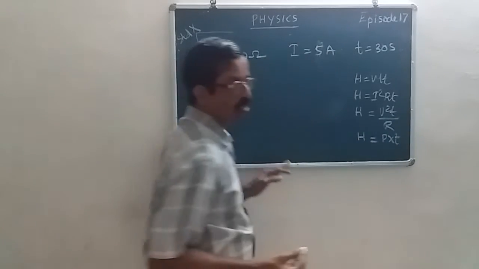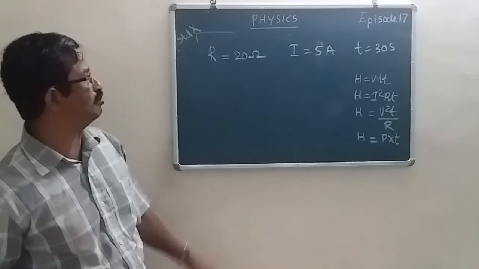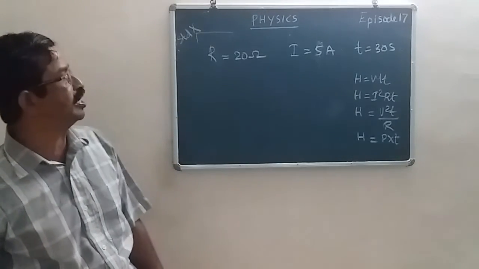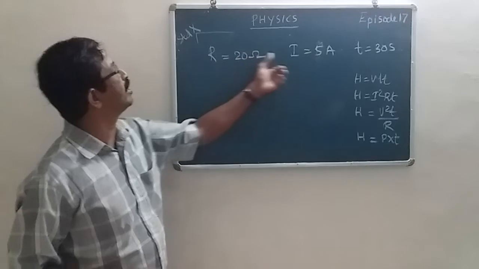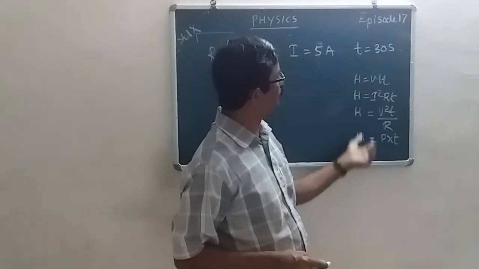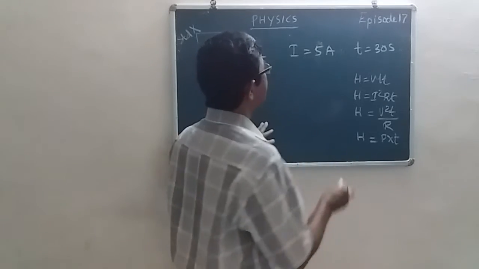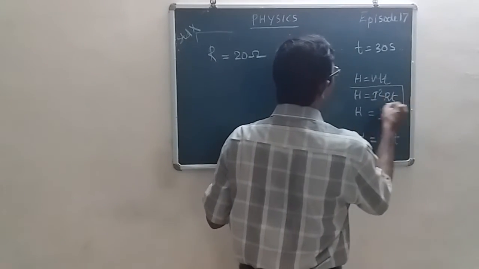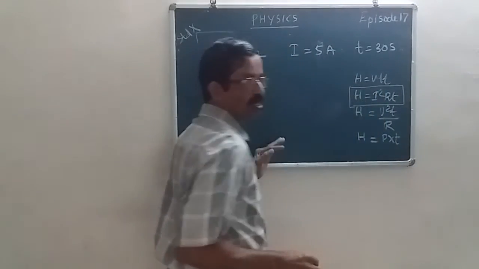Among these, which relation is most suitable here? See, R is given, I is given, T also given. Any relation we can use from this, but it is easy to use one among these four.